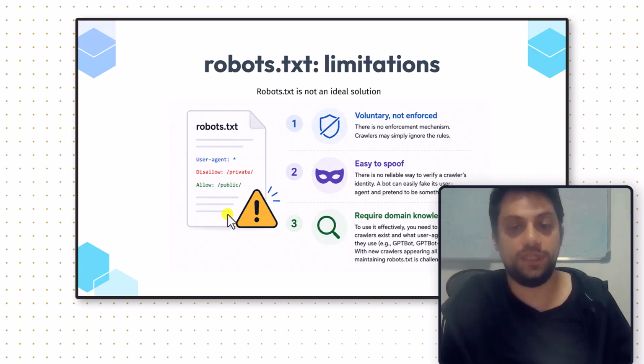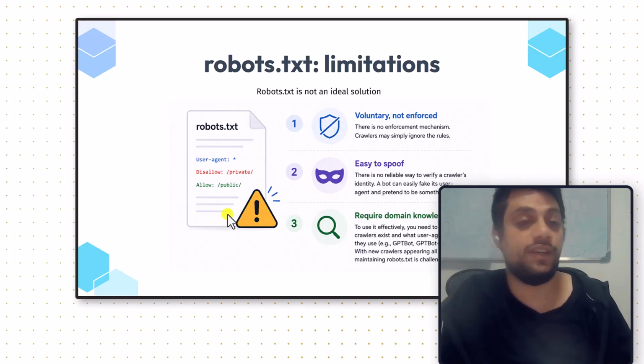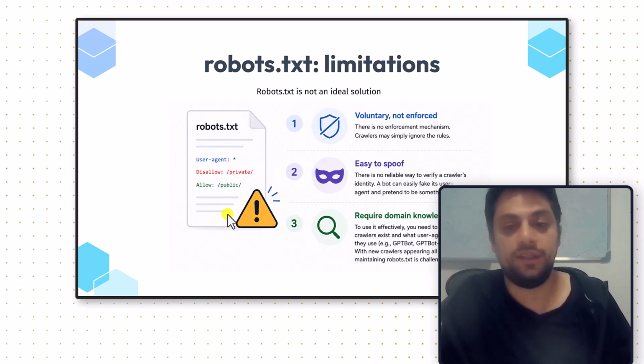The second limitation is that it is unverified. A crawler can decide to fake its identity.